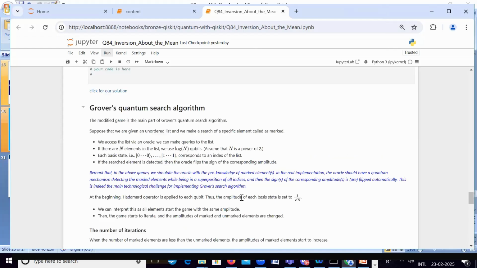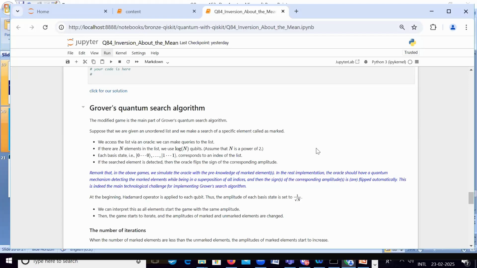Next is the Grover-Schwarz algorithm. As discussed at the beginning, it is to search unstructured data sets. So here, the further modification of the game is the main part of the Grover-Schwarz algorithm.